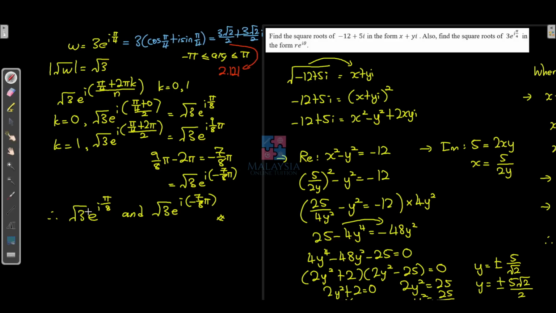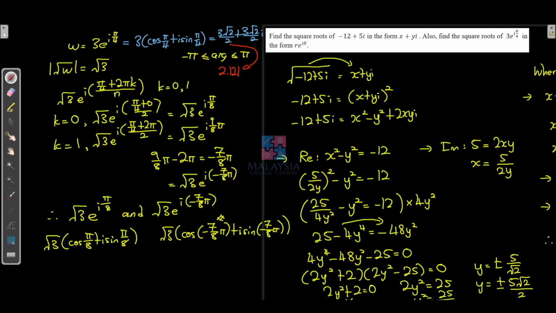So we change the answer to the polar form as well. We can write square root 3 times (cos pi over 8 plus i sine pi over 8). And then for the second answer, we do the same: cos negative 7 over 8 pi plus i sine negative 7 over 8 pi.